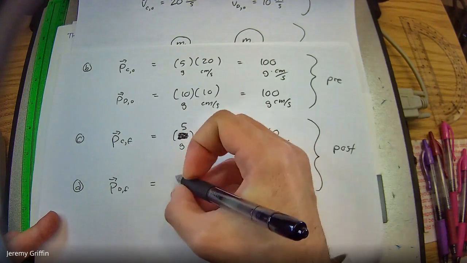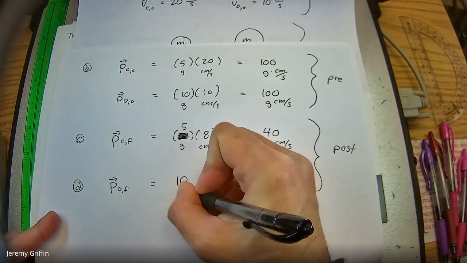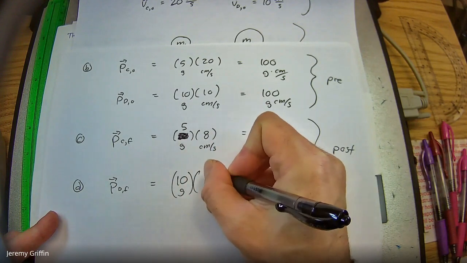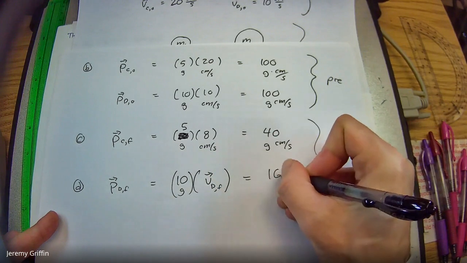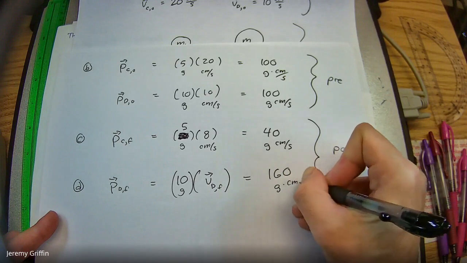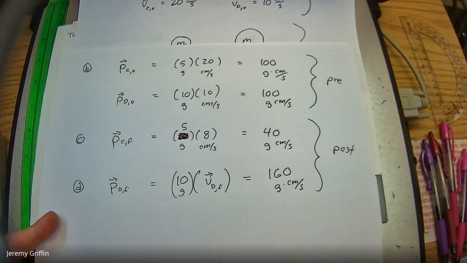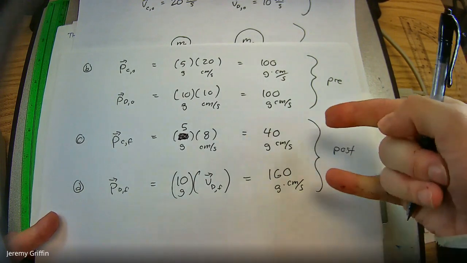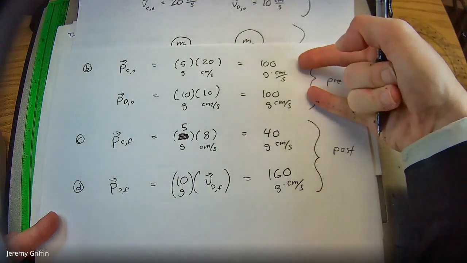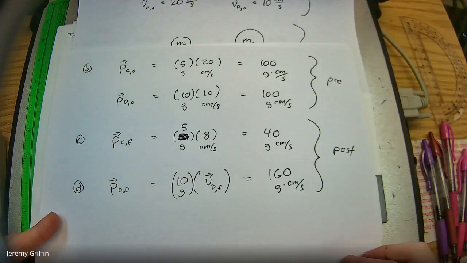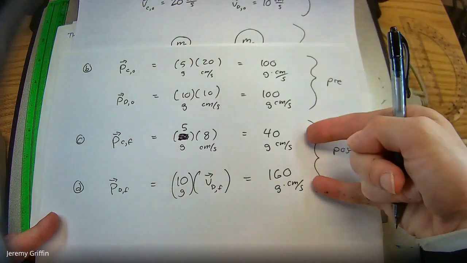160. Okay. So we do know the mass. Mass is 10 grams. Times V of marble D post-collision has to come out to 160 gram centimeters per second, right? So that these two add up to 200, just like these two add up to 200. Isn't that the whole premise of what we've been doing? Sum of momentum initial equals sum of momentum final.